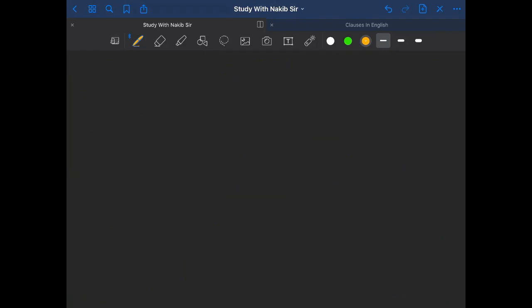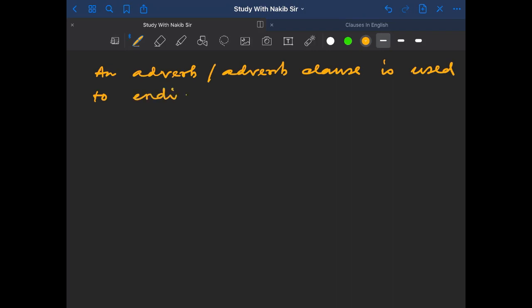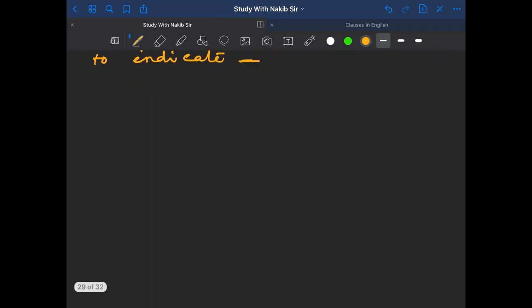Now, an adverb clause is used to indicate. See, an adverb or an adverb clause is used to indicate number one, time.